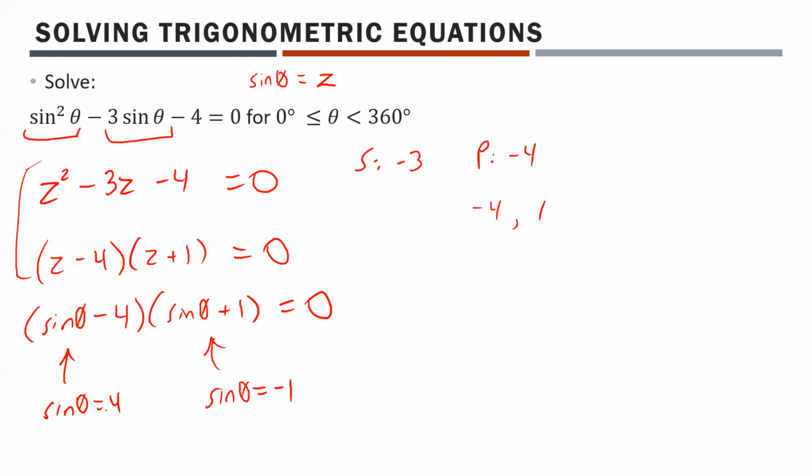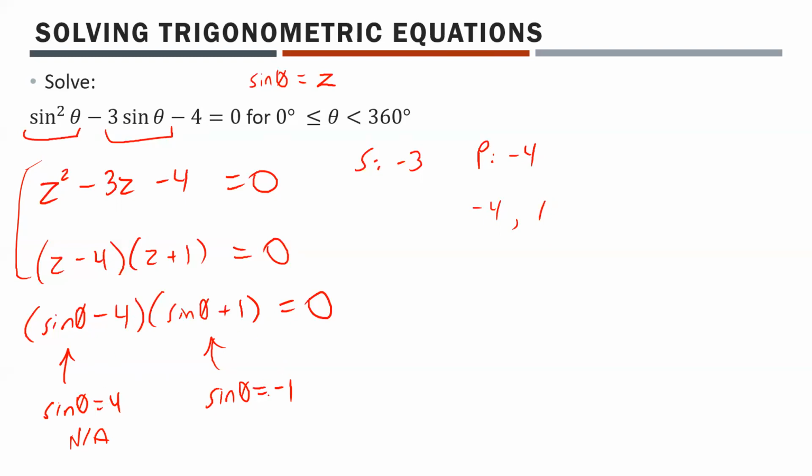Sine of an angle can't be anything outside that range. And if you don't believe me, you could take inverse sine of 4 in your calculator to try to find this angle, and you're just going to get an error message, regardless of whether you're in degrees or radians. So this one means there's no answer. So we can just ignore it. There's no way that this is ever going to happen. So we just ignore it, right?